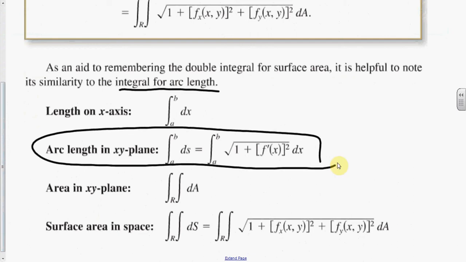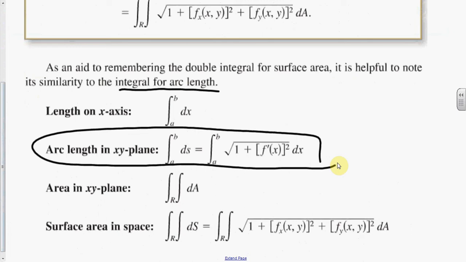That was calculus 1. You talk about the area for a region in the XY plane. We talked about this in sections 14.1 and 14.2. So we have this double integral over a region with respect to the change in the area.